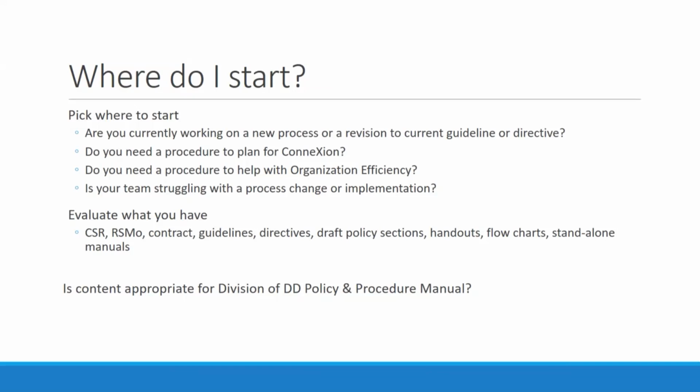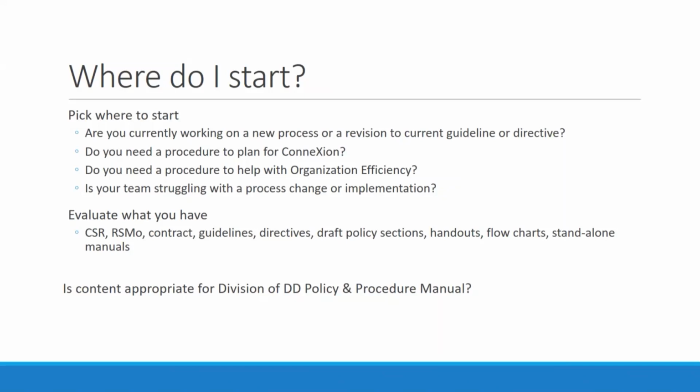Other handouts, flow charts. Do we have it in a standalone manual? Do we have it in this place, that place, this place, that place? Because that is true for a lot of the things that we do. We have it in multiple sources. So really spend some time getting your hands around what do you actually have and how can all of that jive together before you just kind of jump into creating something.